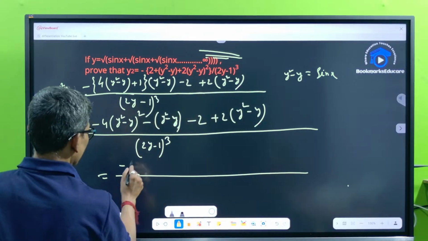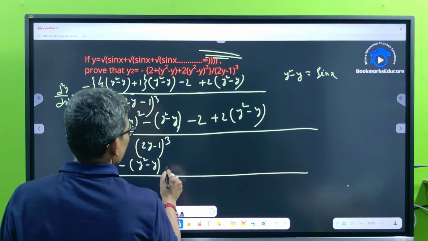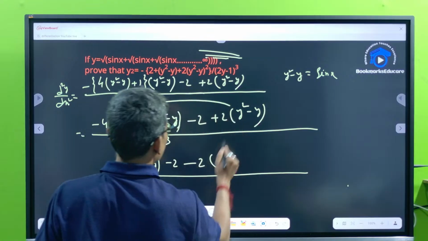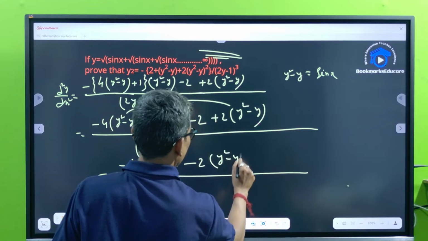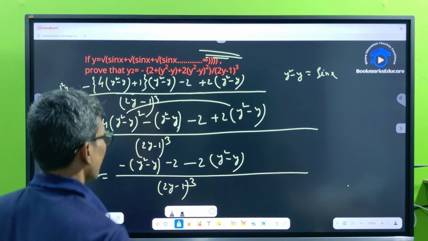So minus y square minus y minus 2 minus 2 y square minus y by 2y minus 1 whole cube. Okay.